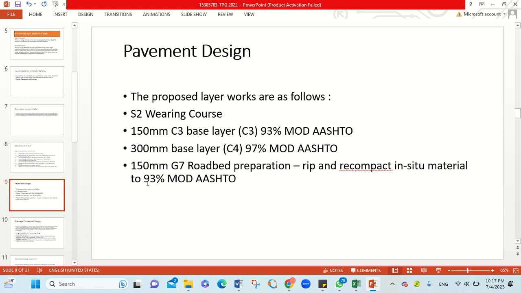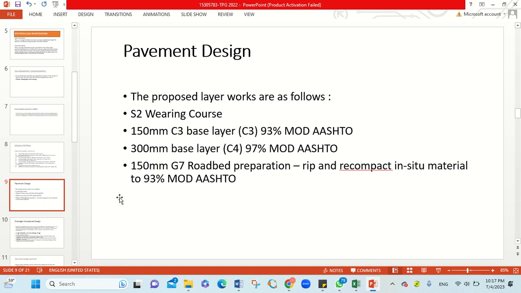Pavement design. These were the proposed layers for Modderfontein Road: the surfacing course of 100 millimeters and a base layer of 150 millimeters to be compacted to 93% Mod AASHTO. For the base layer, it will be 300 millimeters to be compacted to 97% Mod.